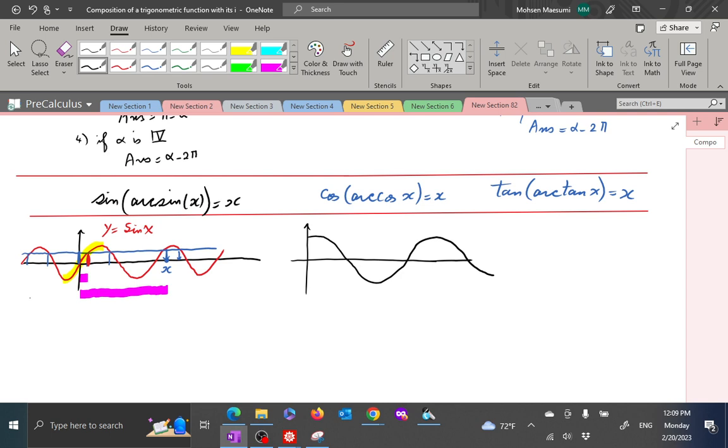Something like this. Hopefully you draw it better than I did. So suppose I have an angle x here, and I want to find out what is the arc cosine of x.